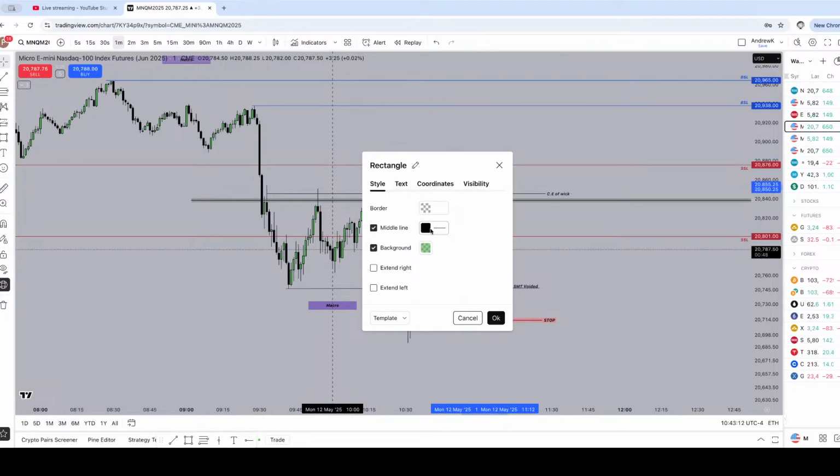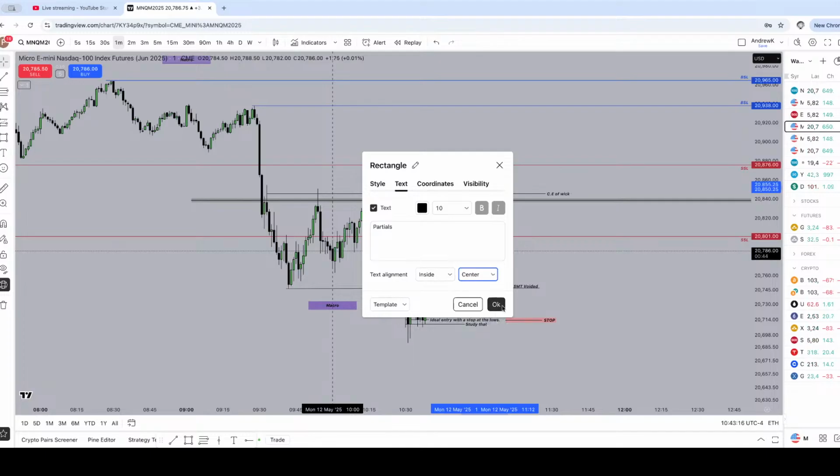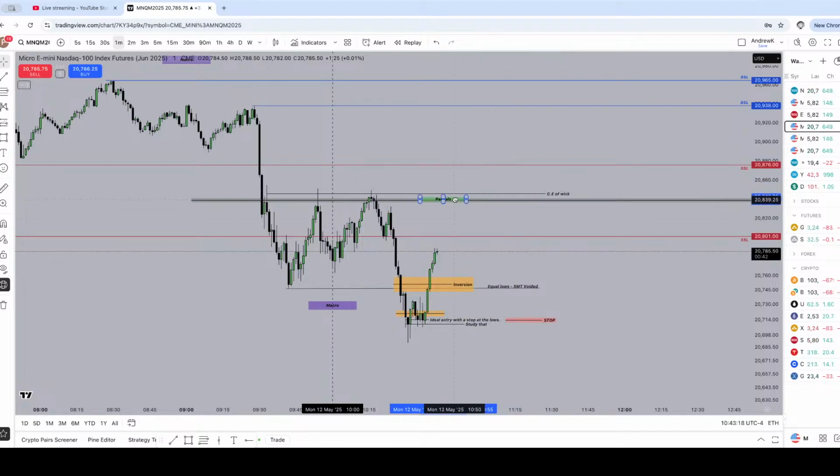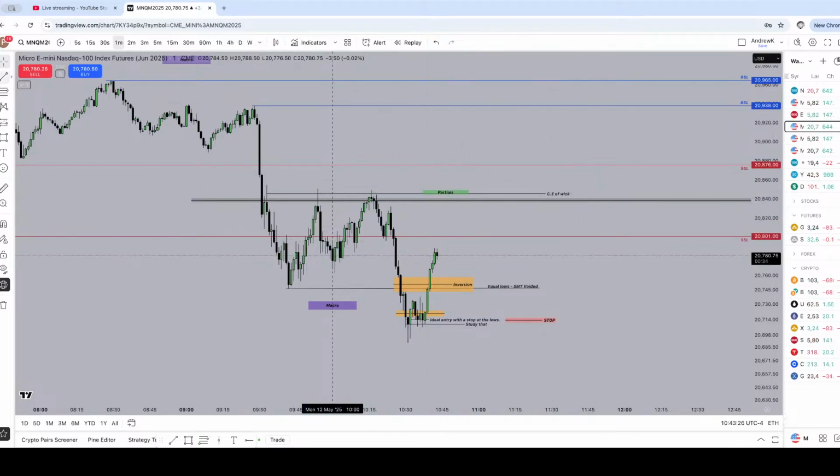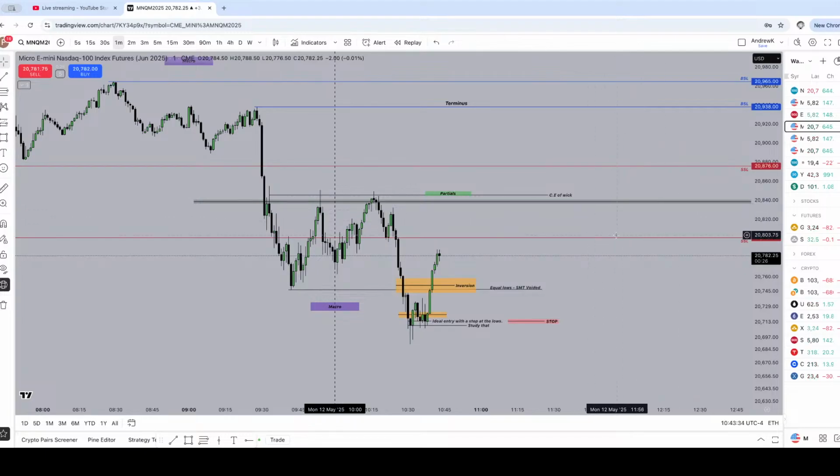Let's see. I don't want a middle line. I just want it in the center. Still the midpoint of this wick. And then your terminus is here. That's how I would frame the setup here.